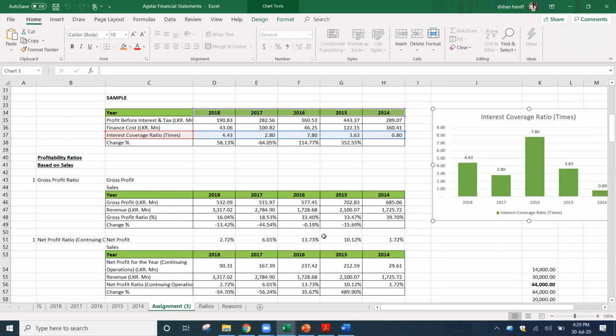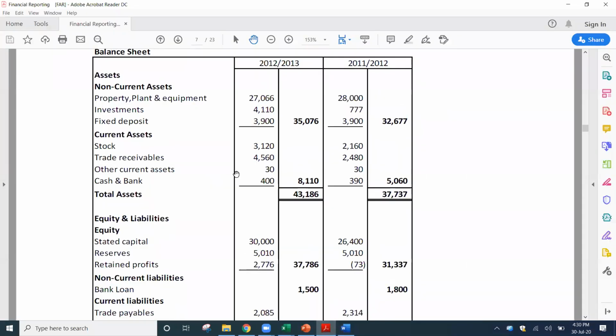What has happened to the company? Whether the profit has increased, whether the loss has decreased, items sold, and everything can be checked. And also you can compare your data with the competitor.